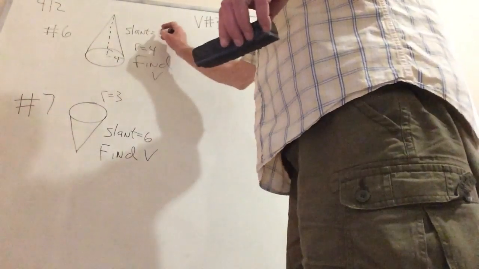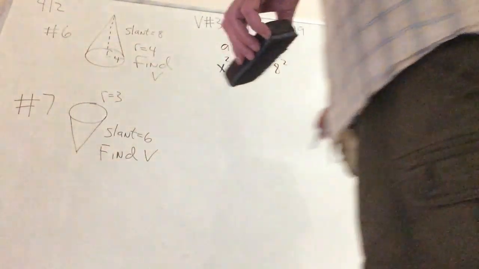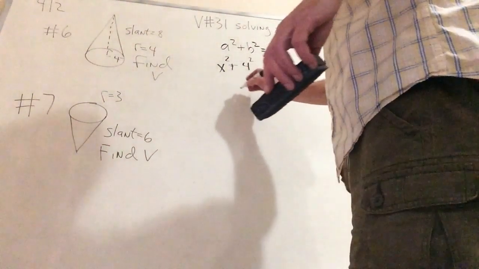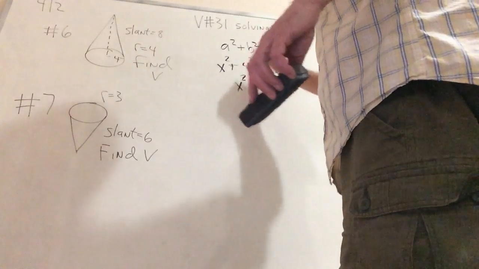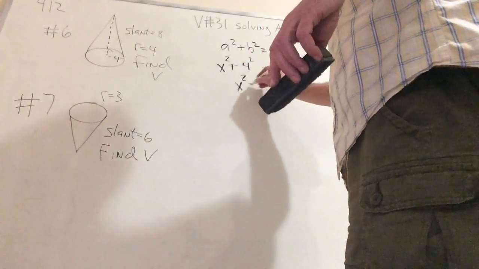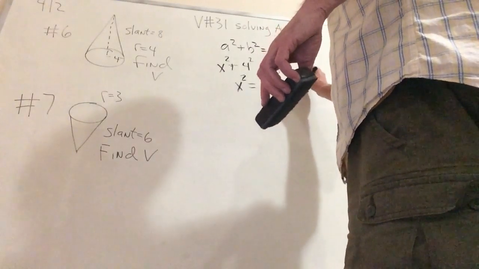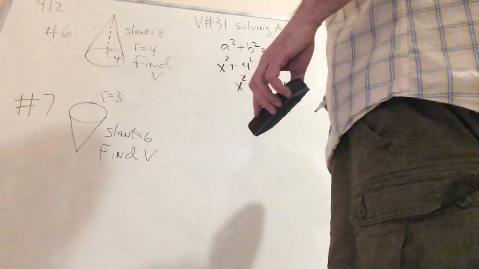4 squared plus x squared is going to equal 8 squared. Now, as you've been taught before, I'll take the opposite of 4 squared and put it on both sides. So x squared equals 8 squared minus 4 squared. Well, let's do the math there.